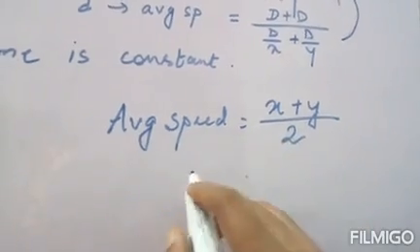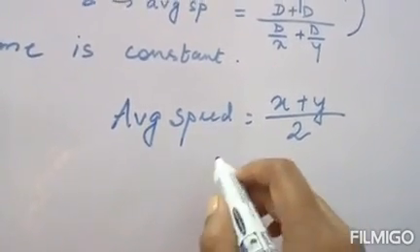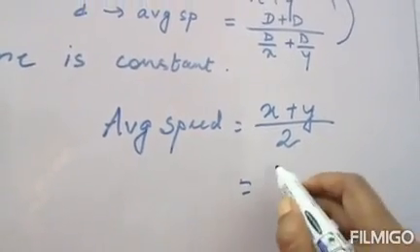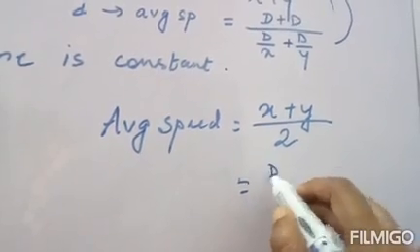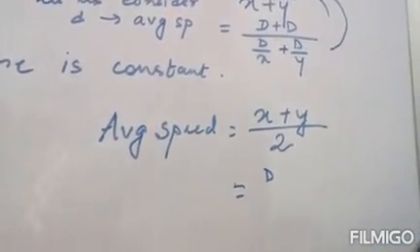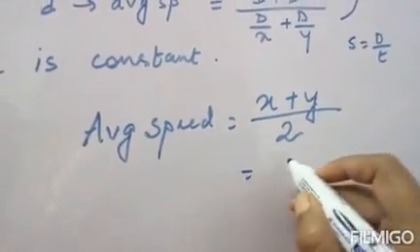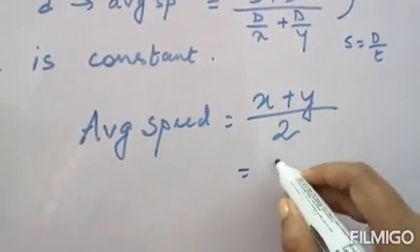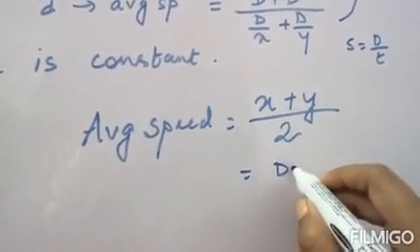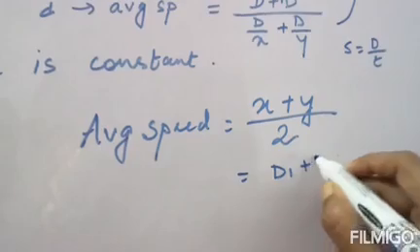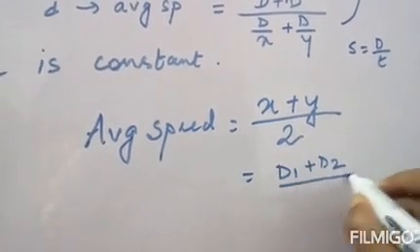So what will be the distance? Distance is variable, so we can say that average speed will be distance by time. First distance is d1, second distance is d2, by total time.